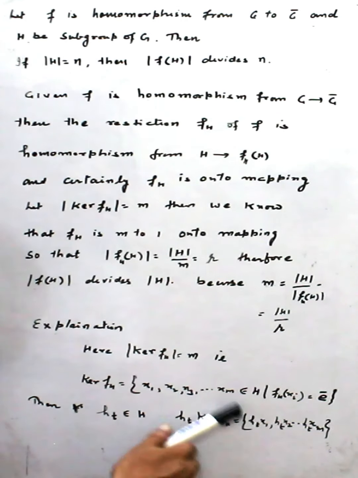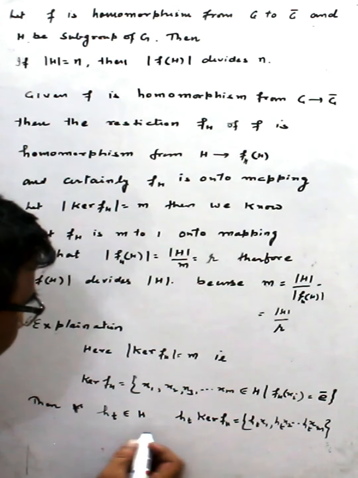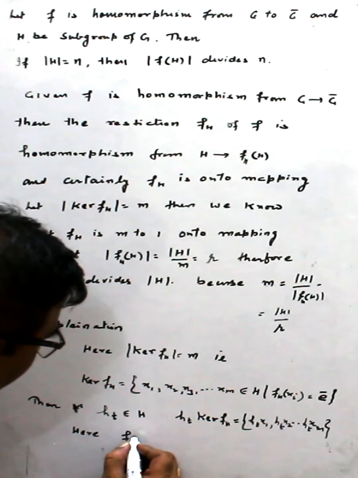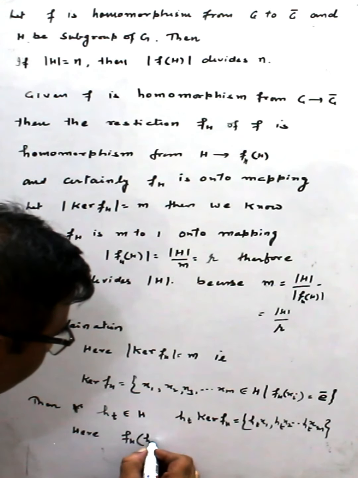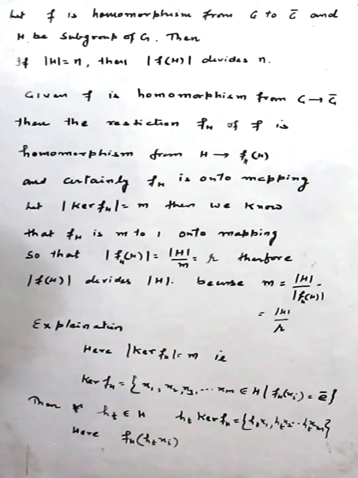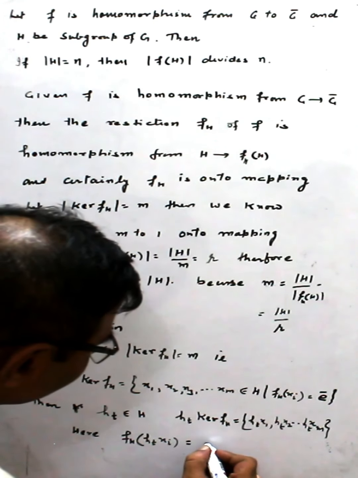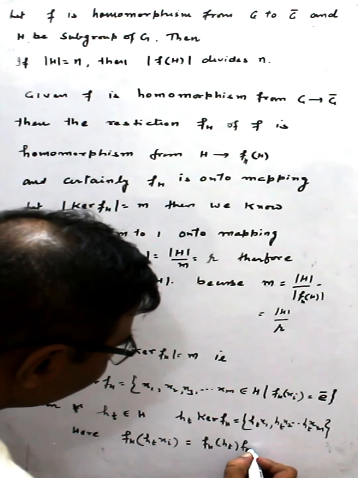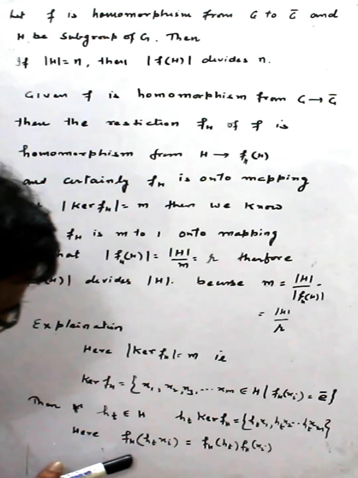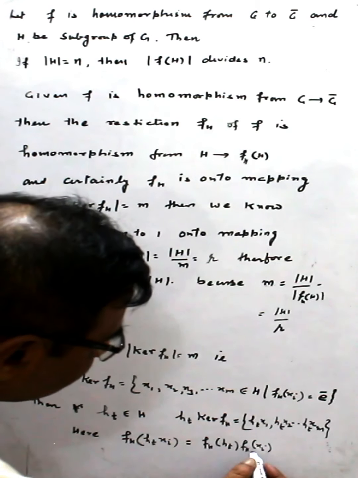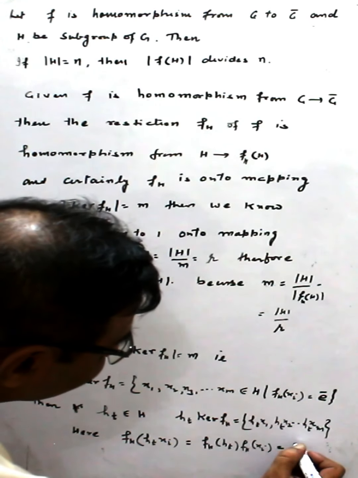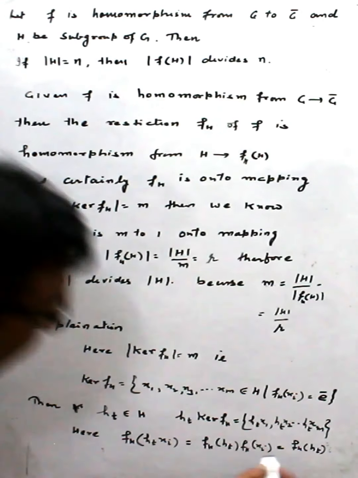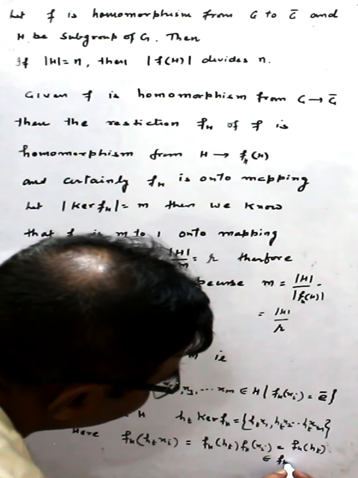If I apply F_H on ht xi, any element I pick from here, this equals F_H(ht) F_H(xi), but because of the property of homomorphism F_H(xi) becomes the identity, so this finally becomes F_H(ht), and this element belongs to F(H).